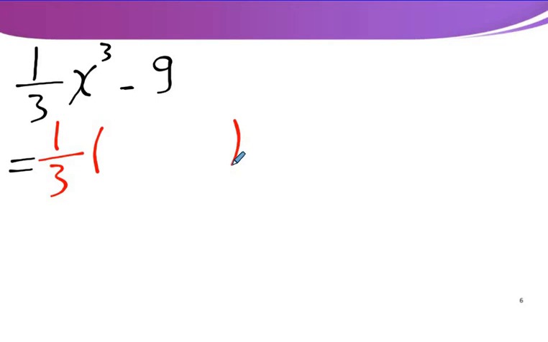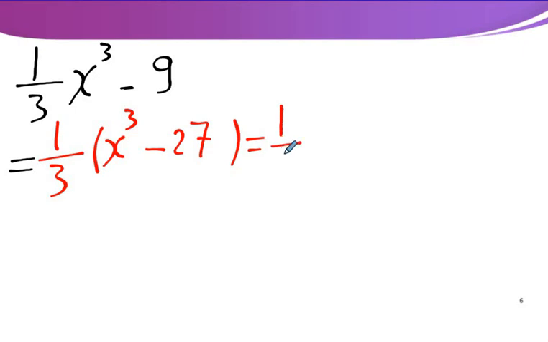1 over 3 x to the power 3 minus 9. The highest common factor here is one third, 1 over 3. So put 1 over 3 outside two brackets, and divide each term by 1 over 3. It will be x to the power 3, and 9 divided by 1 over 3 equals 27.